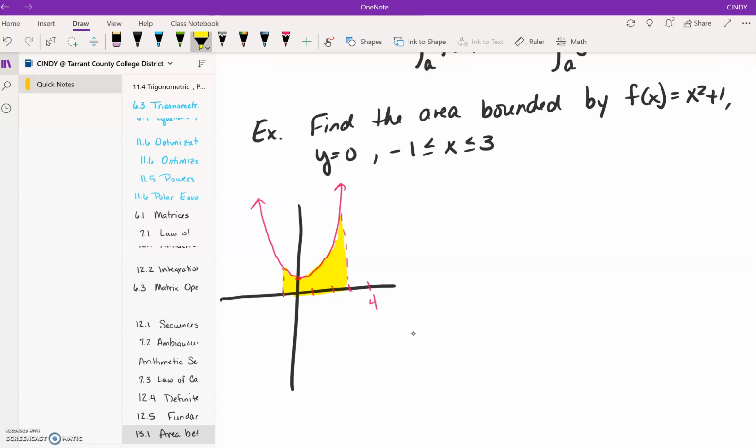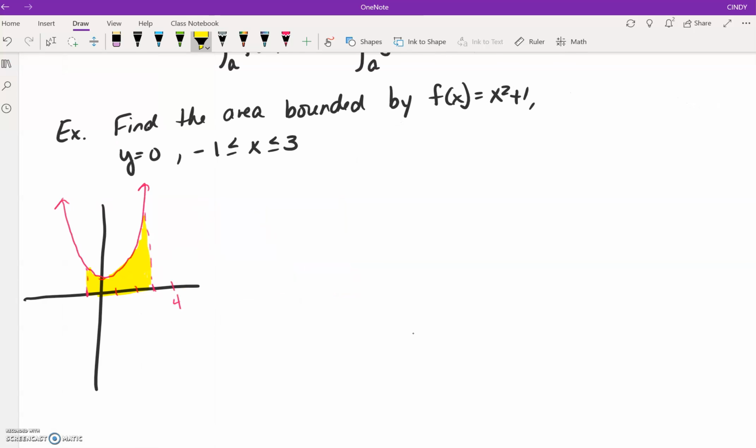Okay, so we're looking at the area equaling the integral between -1 and 3 of the function x squared plus 1 dx, which is x cubed over 3 plus x.